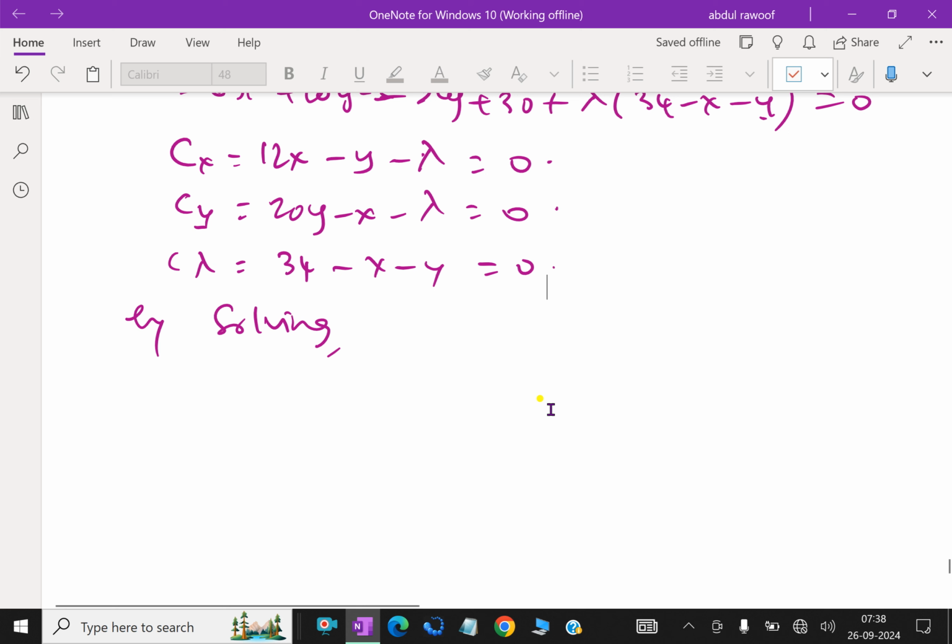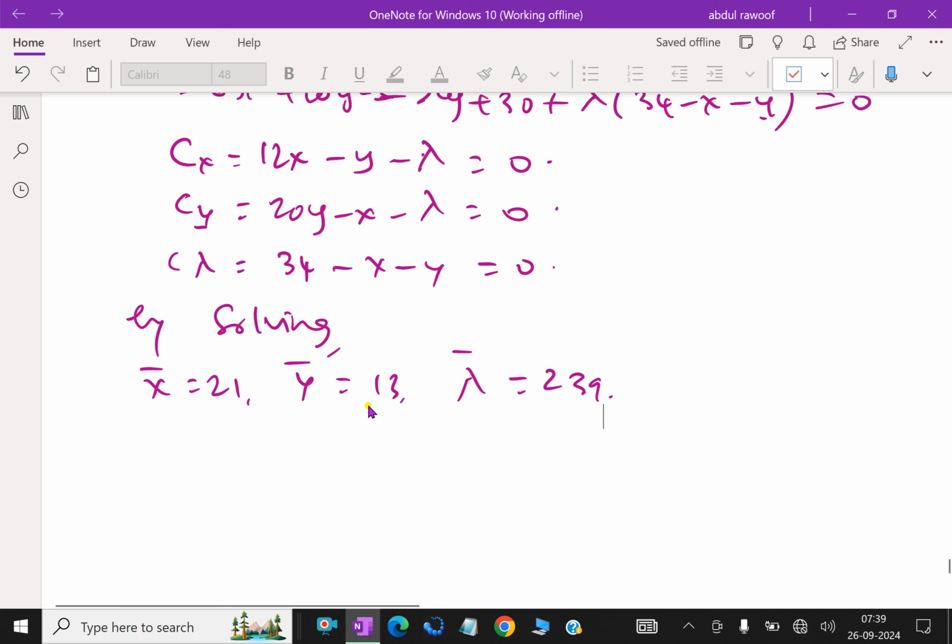Next, by solving simultaneously, we can get x bar equal to 21, y bar equal to 13, and lambda bar equal to 239.